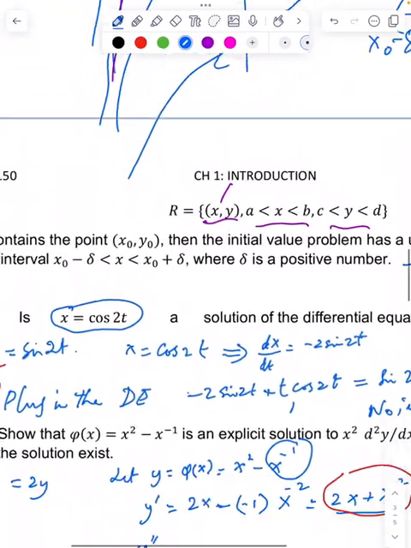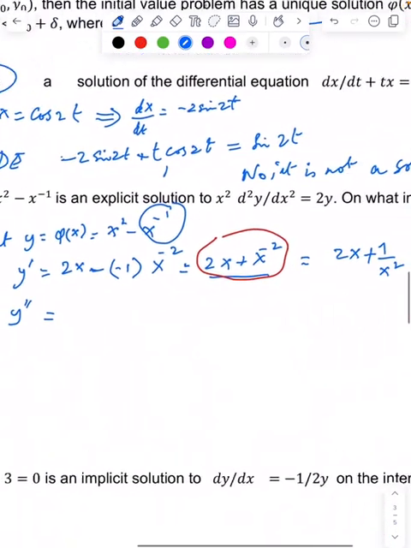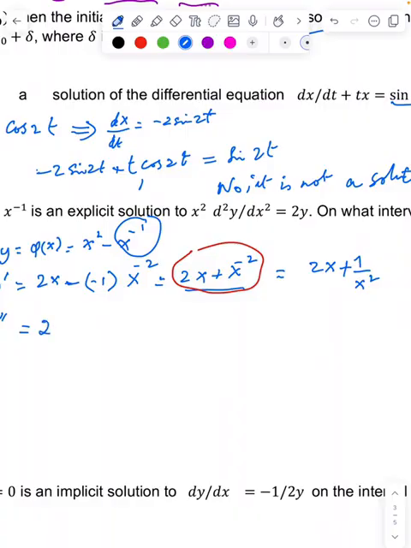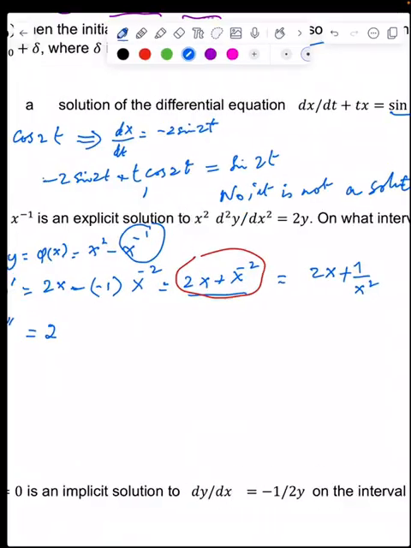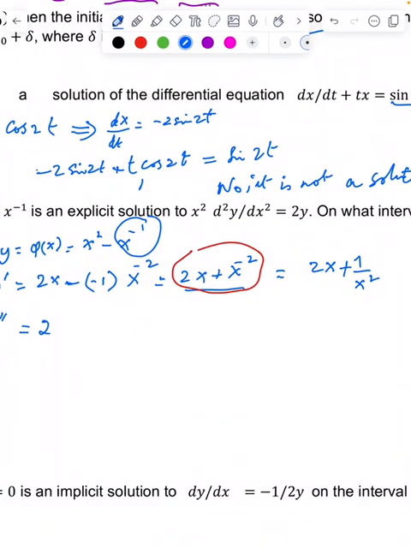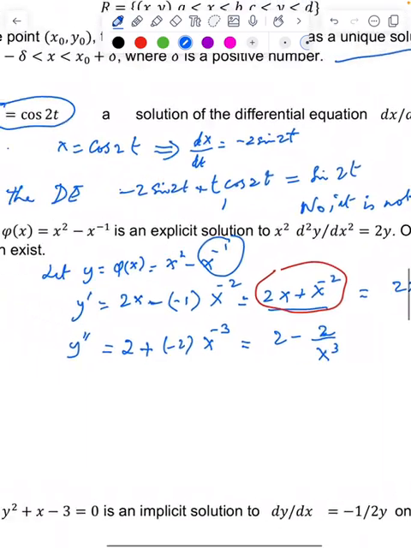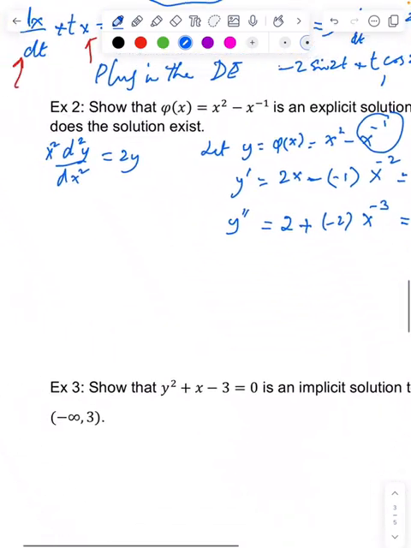So it gives me 2 from the first term plus negative 2 x to the minus 3, which means it is equal to 2 minus 2 over x cubed. Okay, now I have the second derivative. Now we go back and plug it into the equation.